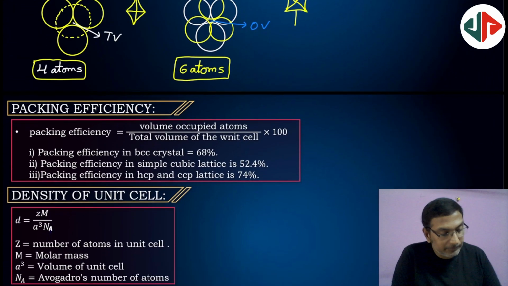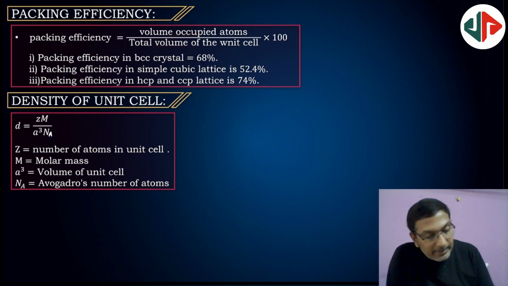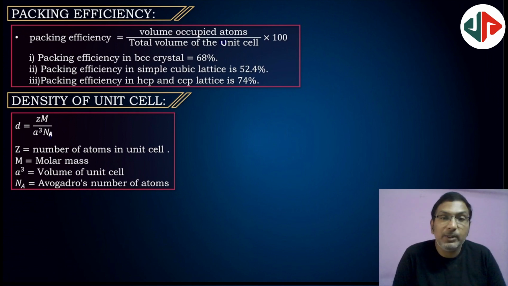Next, packing efficiency or packing fraction. Packing efficiency is volume occupied by atoms by total volume of unit cell into 100.